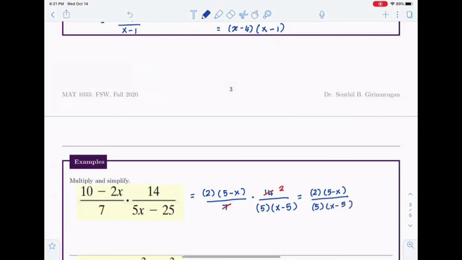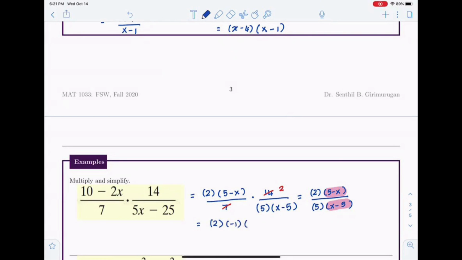And you may say, oh, that's the final answer. It actually is not the final answer because we can simplify it further. If you look at the numerator and the denominator, 5 minus x and x minus 5 are pretty much the same with the signs reversed. So what we have to do is pull a negative out either from the numerator or the denominator. It really doesn't matter. So I am going to pull a negative out of the numerator.